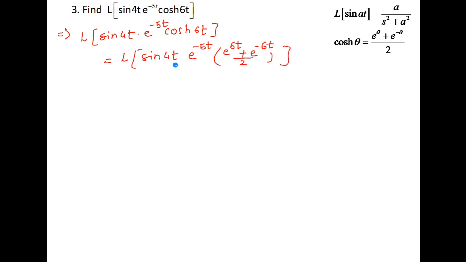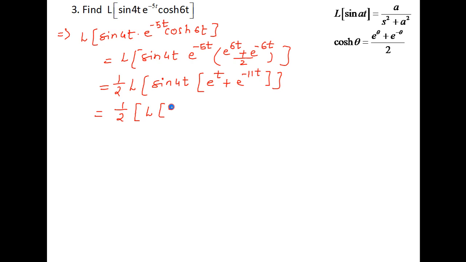Now multiplying this exponential term into the bracket, 1 by 2 is a constant with respect to Laplace, we can keep it outside. sin 4t and e to the power minus 5t into e to the power 6t, we'll get e to the power t, plus e to the power minus 5t into e to the power minus 6t, it is e to the power minus 11t. Now by linearity property, we can separate the Laplace of e to the power t into sin 4t plus Laplace of e to the power minus 11t into sin 4t.